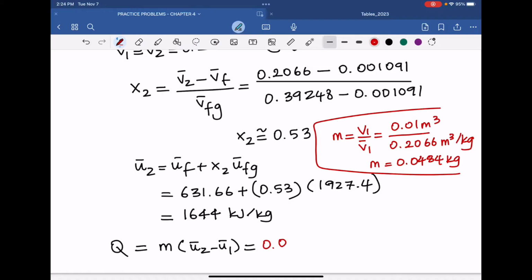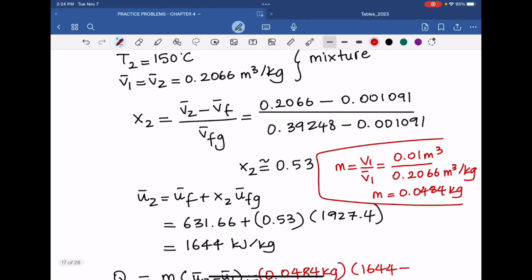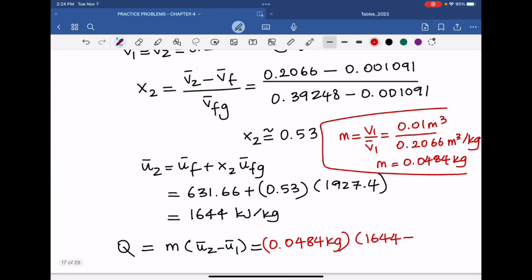So let's use that here. Approximately 47 kilojoule.